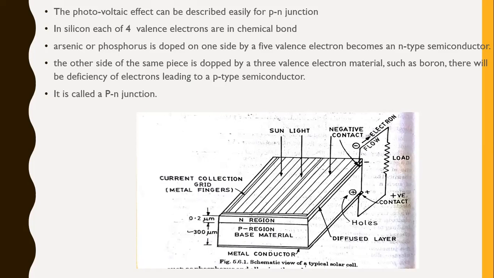So this diffusion creates an electric field EF from the n region to the p region. This field will increase until it reaches an equilibrium value VE. This transfer of holes and electrons ends when they reach the equilibrium position VE.